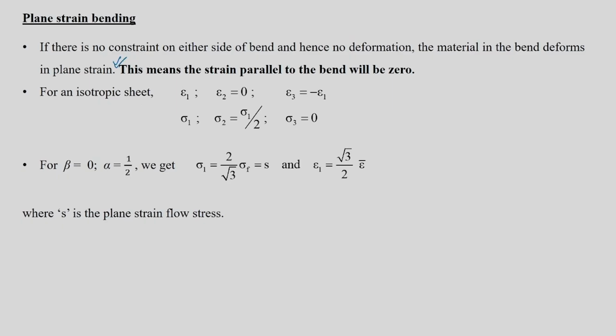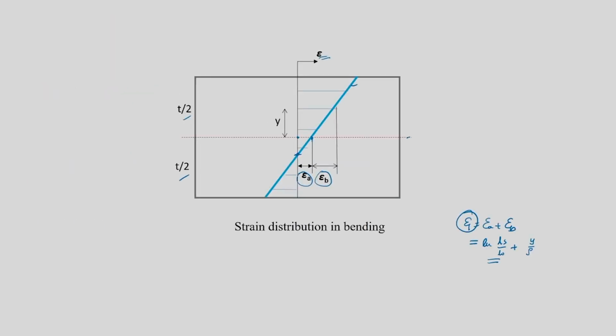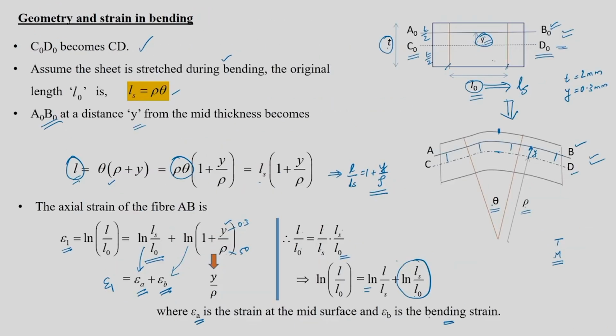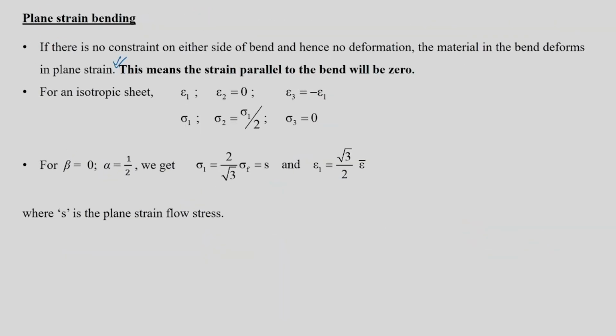That means the strain parallel to the bend will be 0. Suppose if you take parallel to the bend, meaning in this direction, there will not be any strain in this direction when compared to your thickness and across the bend.